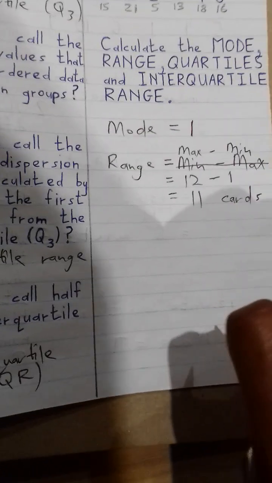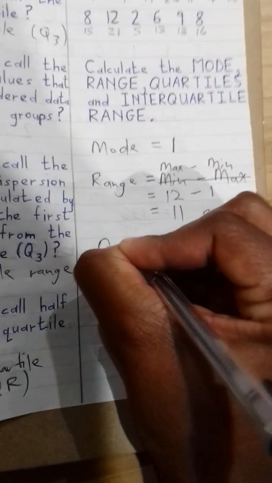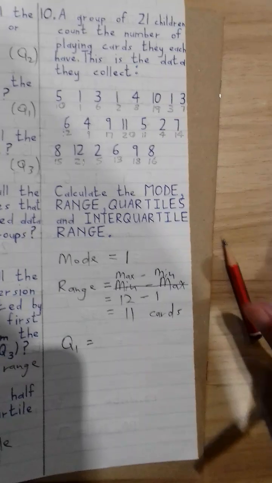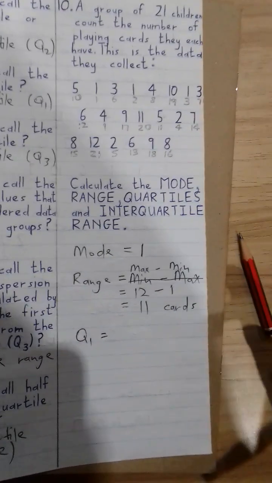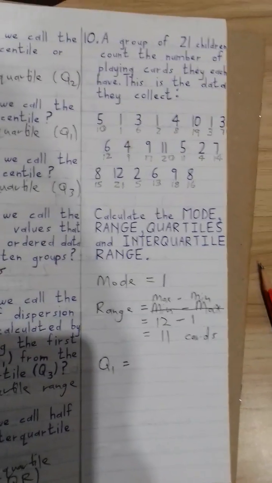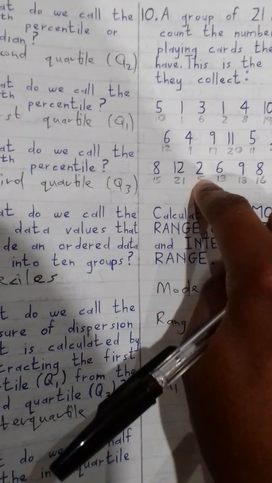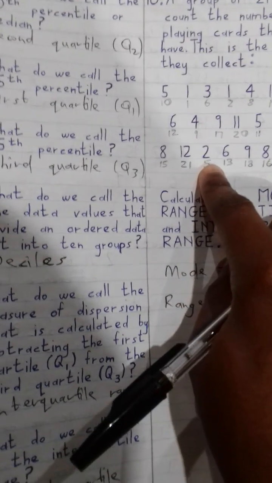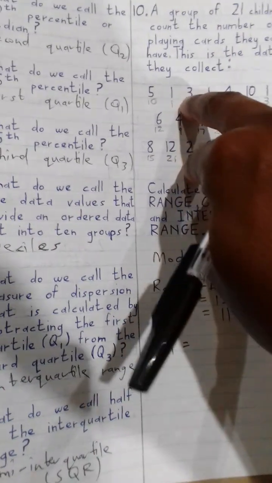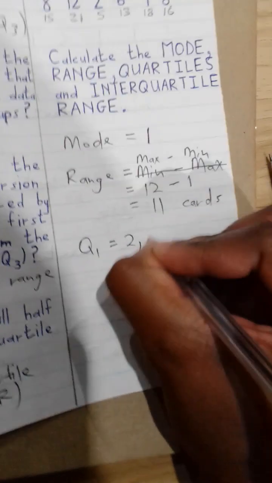Now we need the quartiles, right? Position of Q1 is 1 over 4 times n plus 1, 21 plus 1. So 5.5 between 5 and 6. 5 is 2. What is 6? 3. Q1 is 2 plus 3 is 5 over 2 is 2.5.